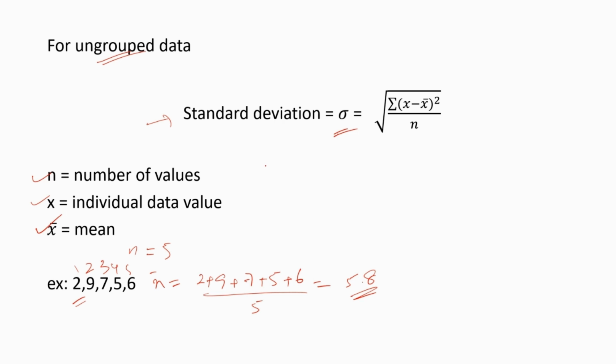So now we have to calculate the x minus x bar value for each individual value and then take the square of this value. Let's directly assign these values.